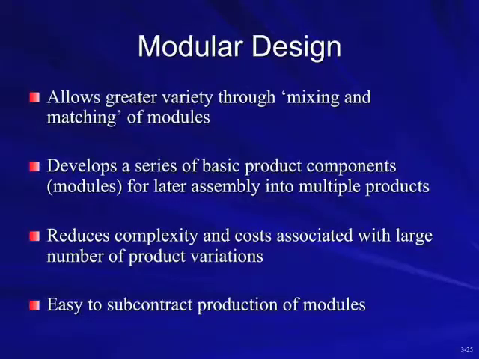Now, modular design, which is the other element or tool that we talked about along with value analysis, allows variety by mixing and matching different modules. You can create an inventory of modules A, B, C, and D, and then you can combine them using different combinations to come up with product number 1, product number 2.